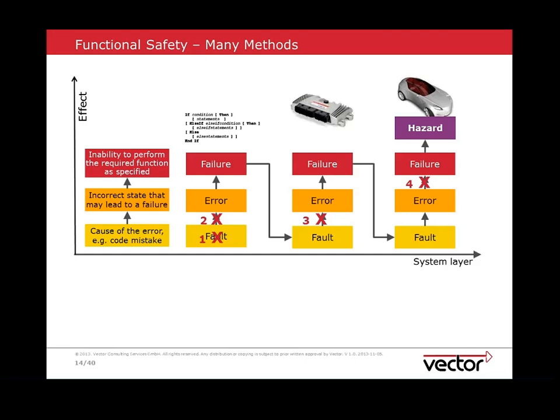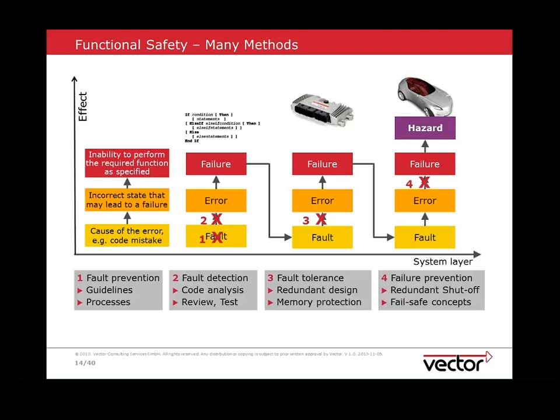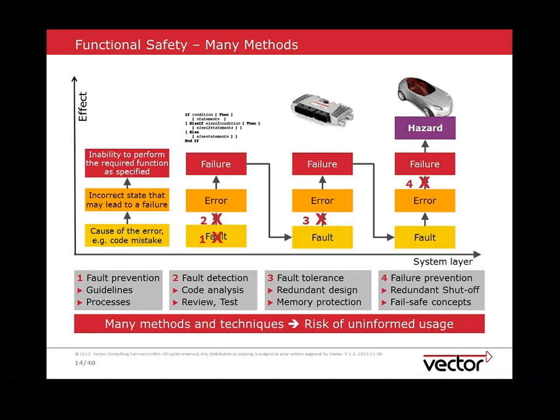What we want to emphasize is very clearly that there are many methods which could be applied in order to prevent defects from occurring, in order to detect defects by means of different type of analysis, fault tolerance, which plays an increasing role in complex system, and failure prevention.